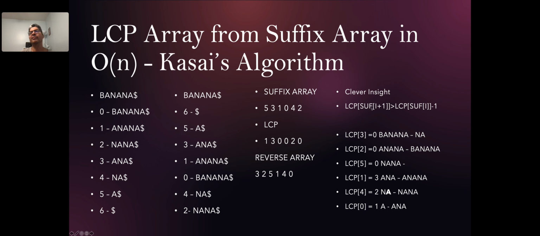So if I compute the LCP for a suffix, and then the LCP for the next suffix, say for ana and then for na, they share all the characters but the first.